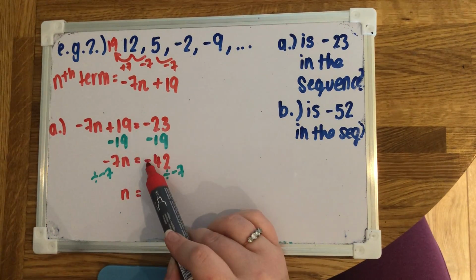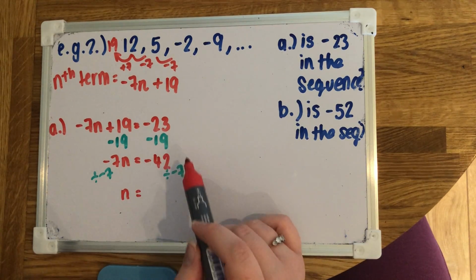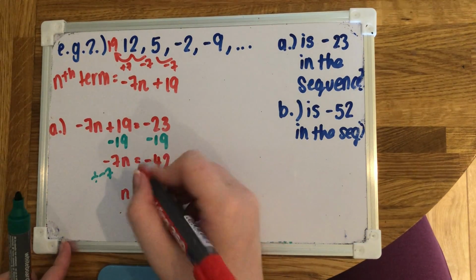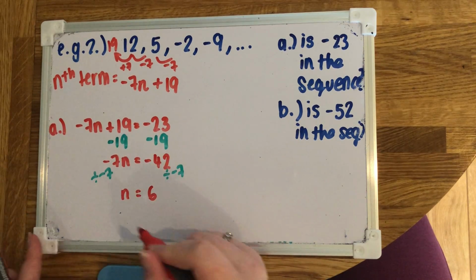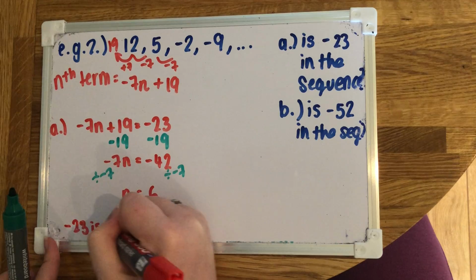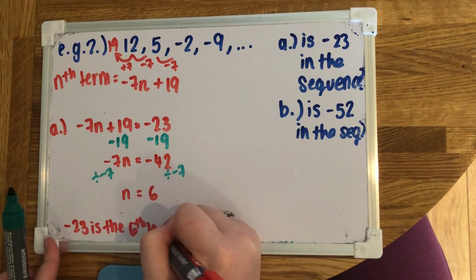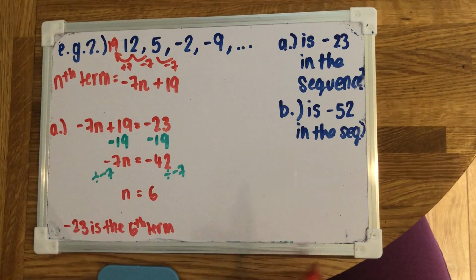Okay, so a negative number divided by a negative number would give us a positive number, and the number of 7s that go into 42 would be 6. So negative 23 is the 6th term in the sequence.